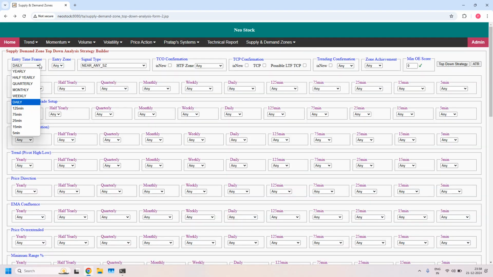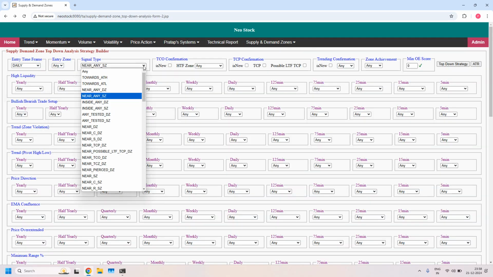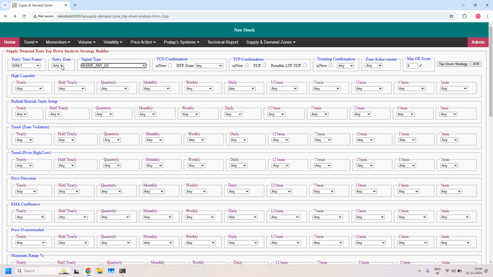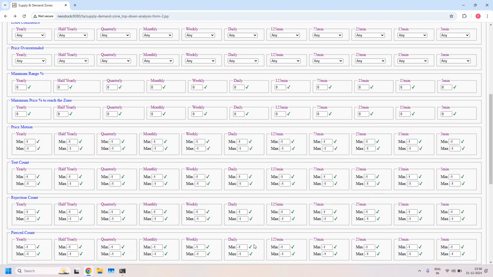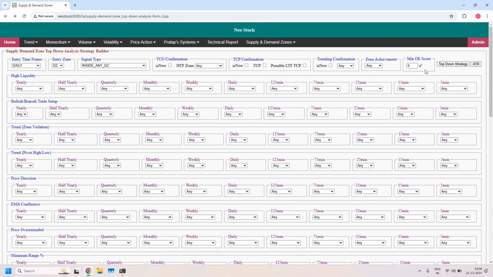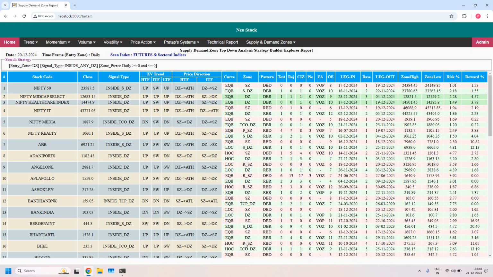Next, daily time frame. Let us find the stocks where price closed inside the daily demand zone. These daily demand zones should not be pierced. So in the pierced count at a daily time frame, I am selecting minimum value 0, maximum value 0. Let's filter. We got a big list.